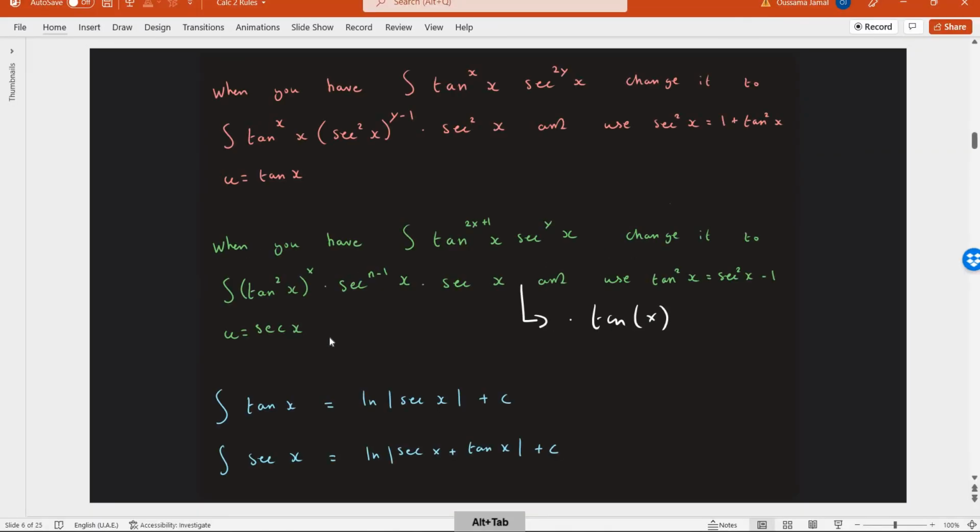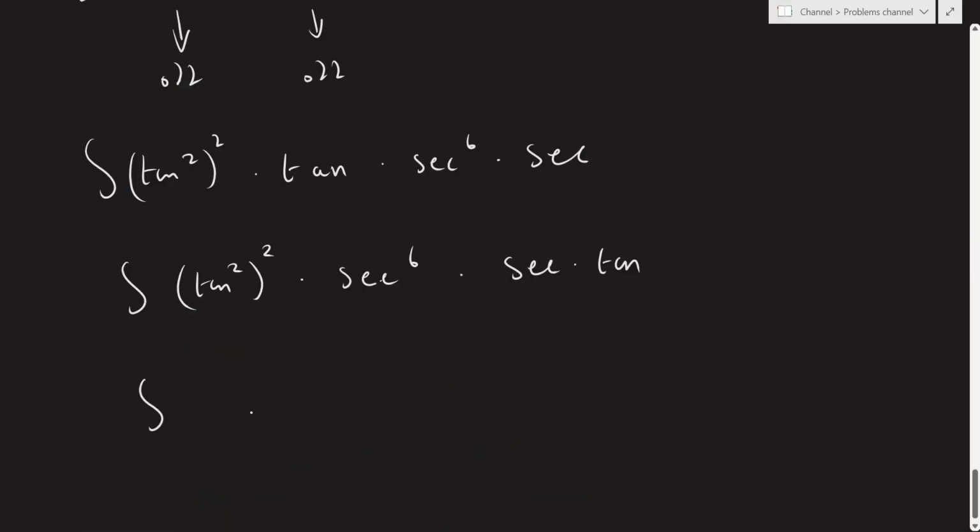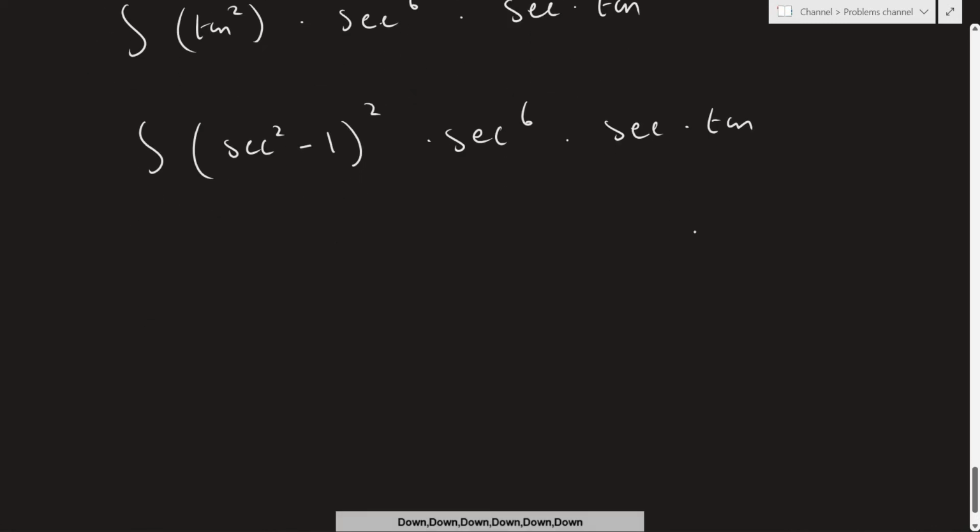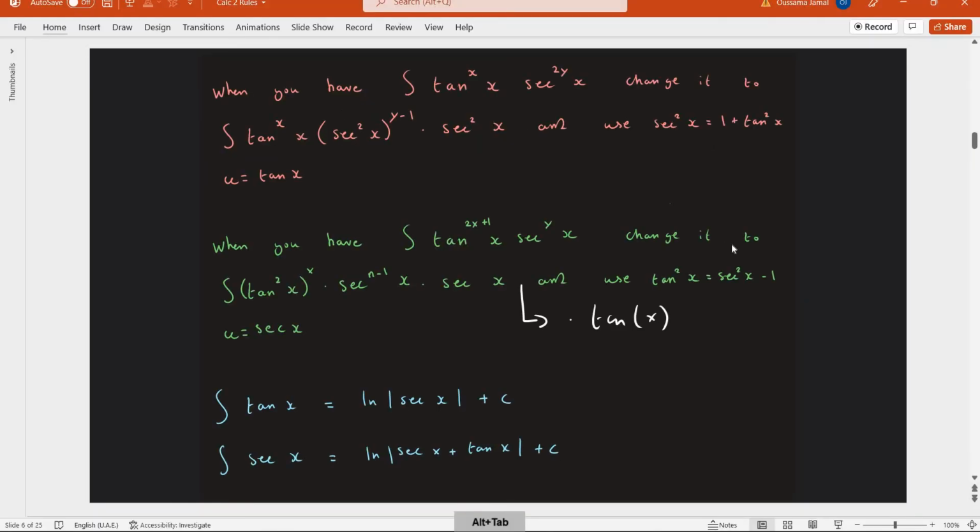Okay, now the rule says we have to change tan squared. So tan squared is going to be secant squared minus 1 squared times secant power 6 times secant times tan. Now we take u as secant x.